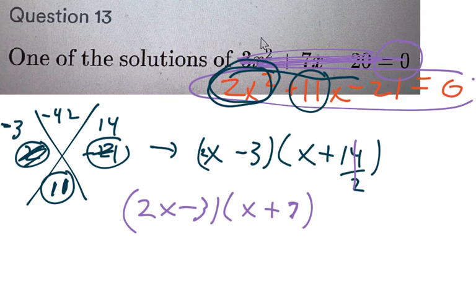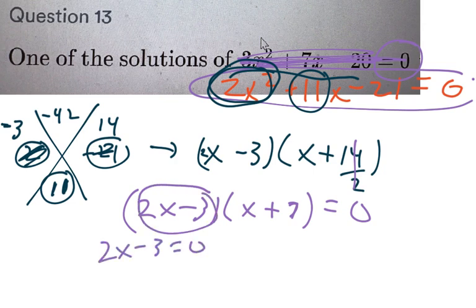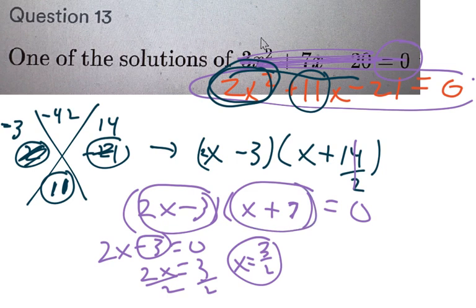And since it's equal to 0, I can now solve. So here, I know that 2x minus 3 equals 0 if 2x equals 3, right? All you have to do is just add 3 to both sides. And when I divide by 2, x is 3 halves. Well, what about here?